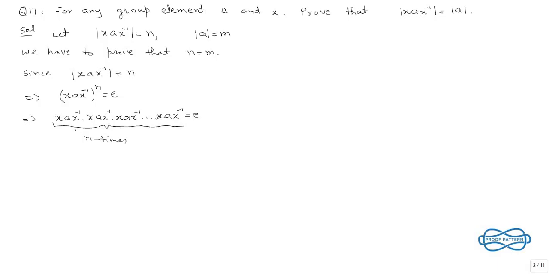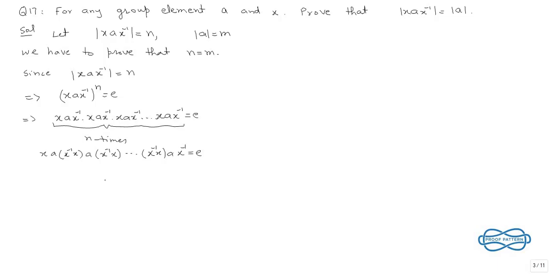If we see, we can combine this as x a, x inverse x, a, x inverse x, up to so on, x inverse x a x inverse.